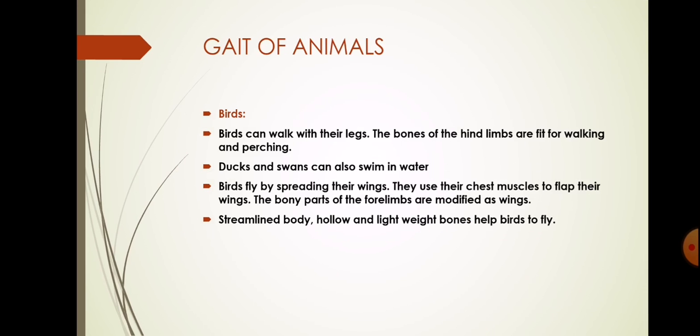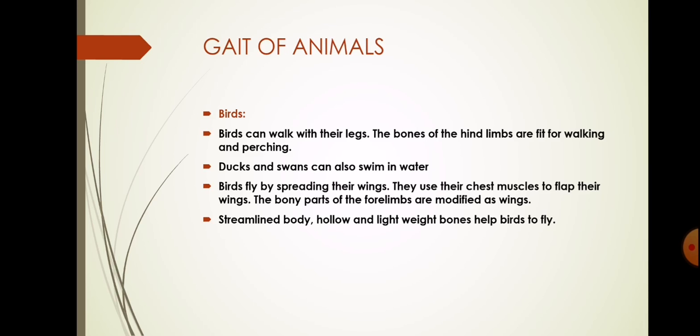Exoskeleton animals means the skeleton is outside the body. For example, reptiles, then a snail, crab, cockroach. A cockroach also has an exoskeleton, a hard structure at the back of their body, outside their body, called an exoskeleton.